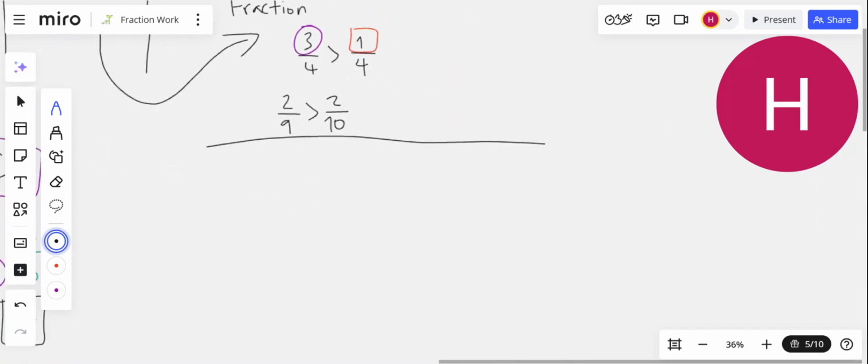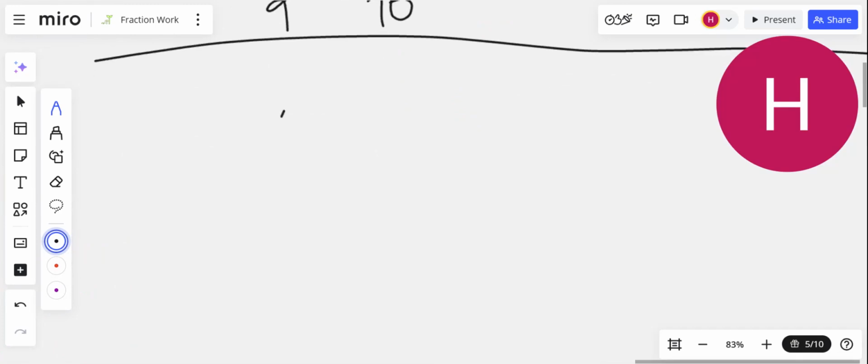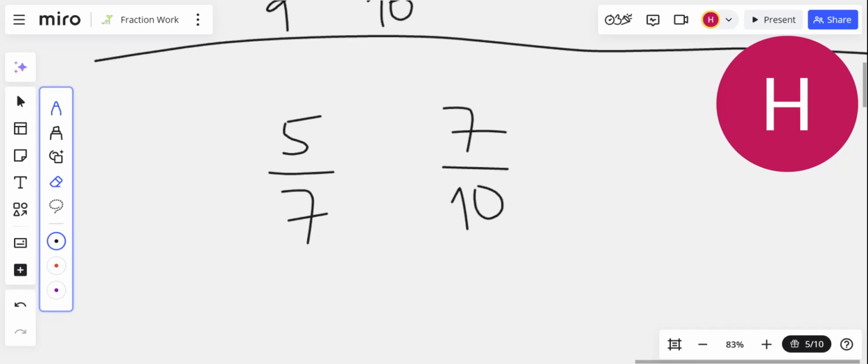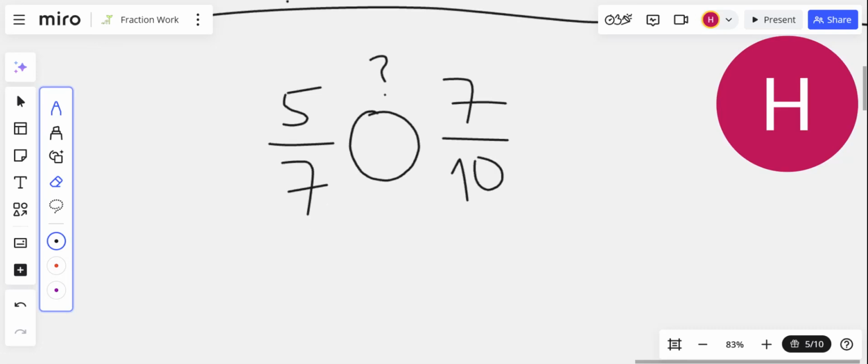Well, it's very simple here. If we want to know what's more, 4/7 or 7/10? Sorry, 5/7 or 7/10. Let's make it a little bit closer, shall we? So 5/7 or 7/10, which one is greater, which one is less, which one are they equal maybe? Who knows? How do we figure that out?